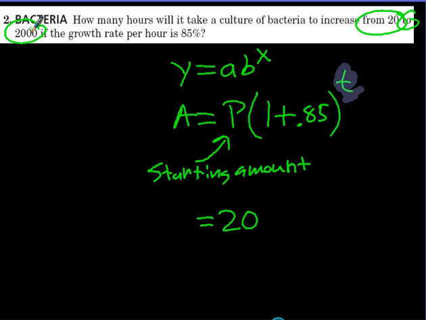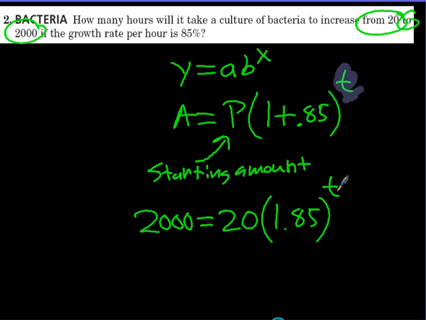That's where I want to get. My growth rate is 1 plus 0.85. Okay, so if I'm not putting it in a calculator and manipulating it more than just this one time, I'm just going to write 1.85. You can do either one. It really doesn't matter. And then we still have to the t.